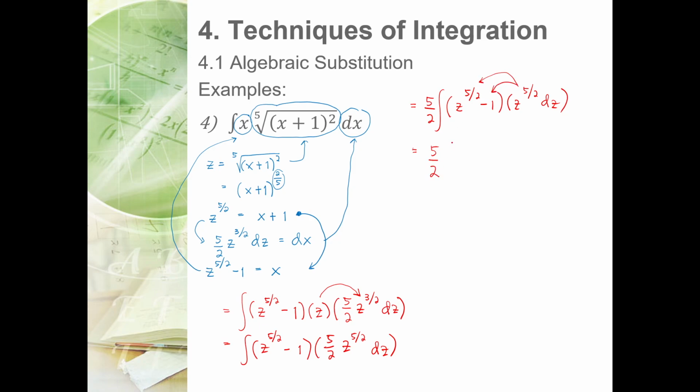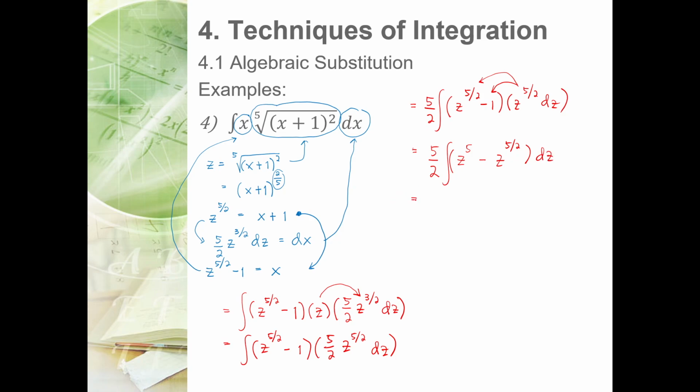So 5 halves integral of, 5 halves plus 5 halves, how much is that? So 5, right? So z to the power of 5 minus z to the 5 halves dz.